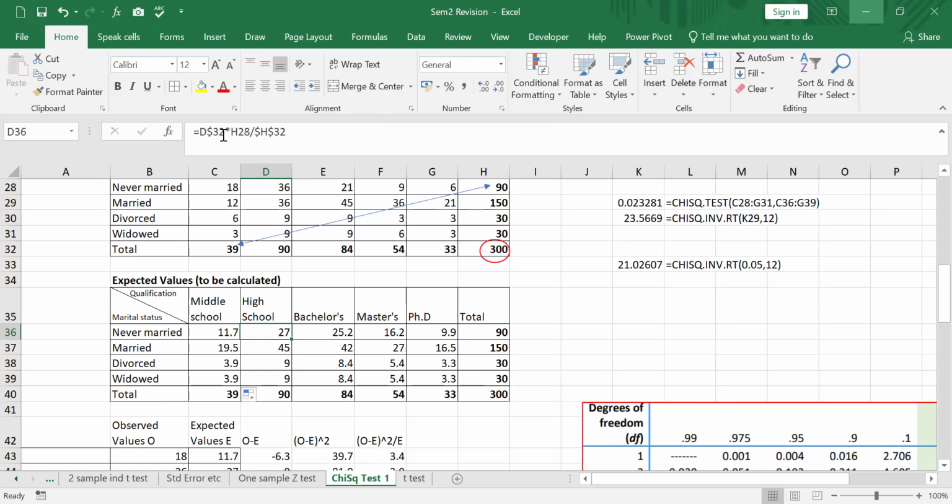Now once I put a dollar sign here before 32, and this one, even if it is not there, that doesn't make a difference. $32 remains the same. Now drag it down. Copy from here to here also. Now this is $32 into H28 divided by $32. And then drag it down.